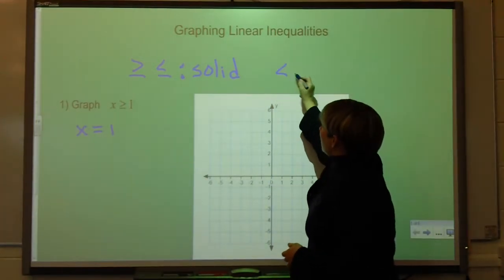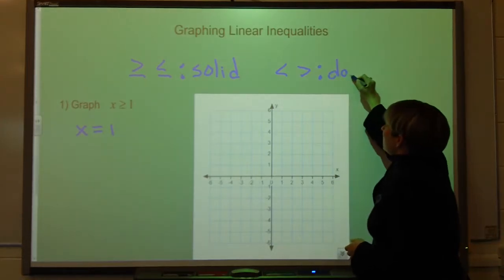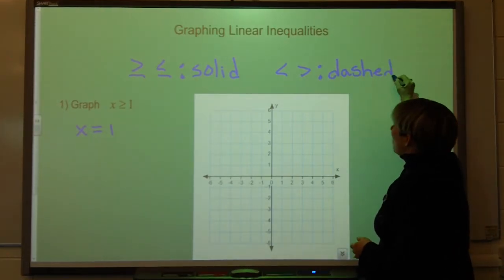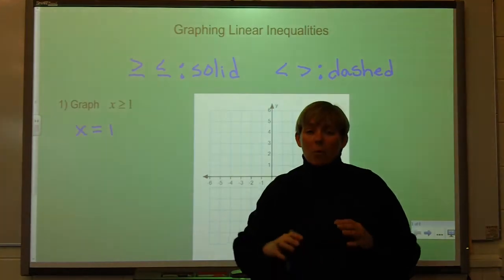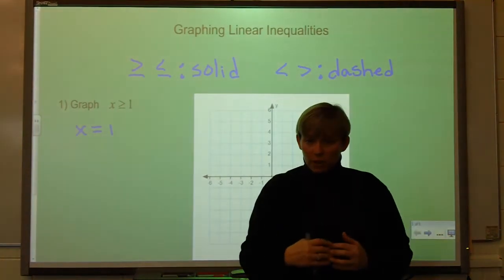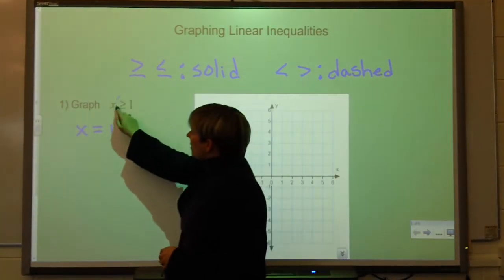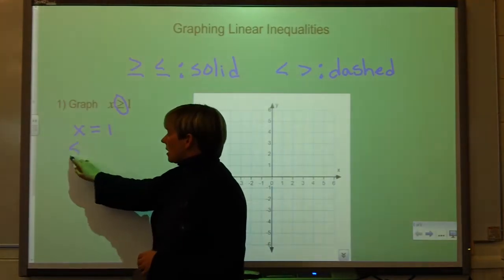If I have a less than or a greater than symbol, I'm going to do a dashed line, similar to my open circle on my number line. Again, I want everything as close to that line as I can get, but not including the line. So I'm going to do a dashed line. This one, because I have greater than or equal to, is going to be a solid line.